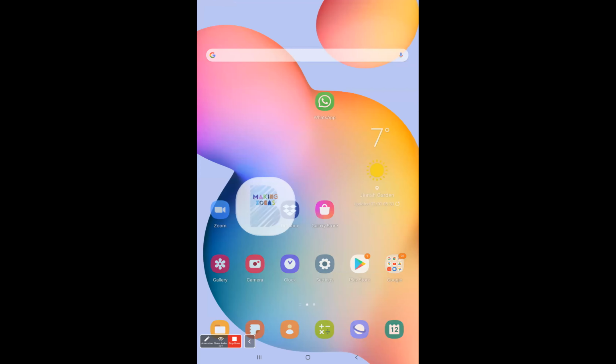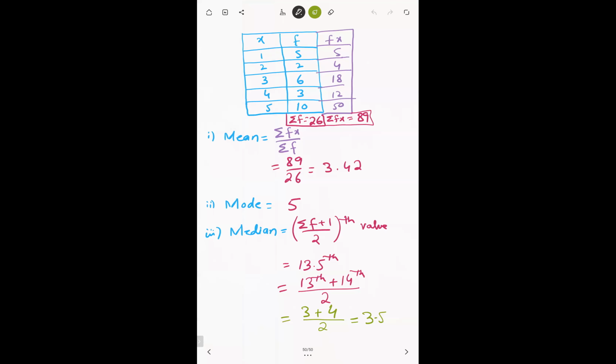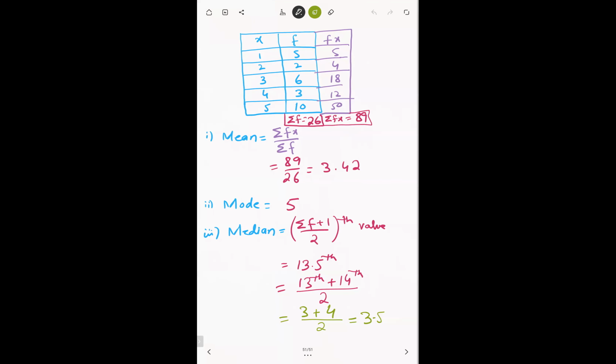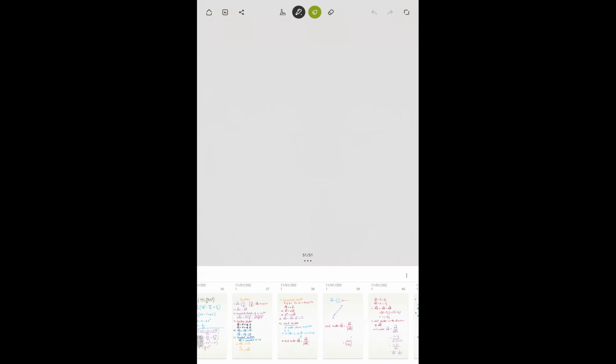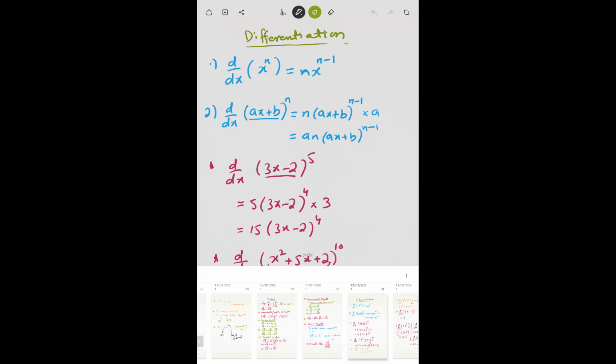So yesterday we started the topic, differentiation. I told you that the application of differentiation is basically that it gives you the gradient of a function. But yesterday we haven't done the questions which involve that application. We only learned the methods or techniques to differentiate different expressions.